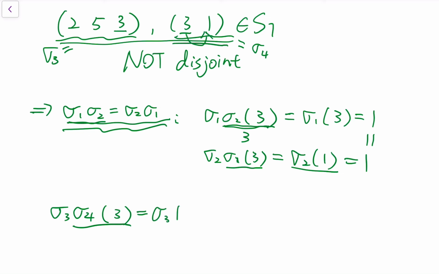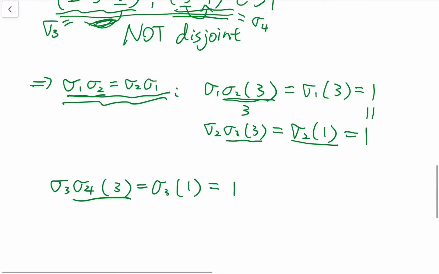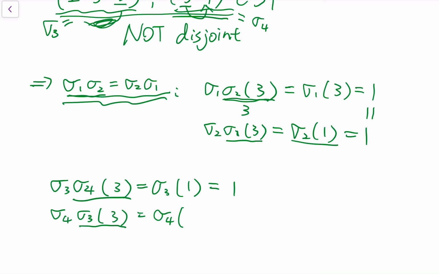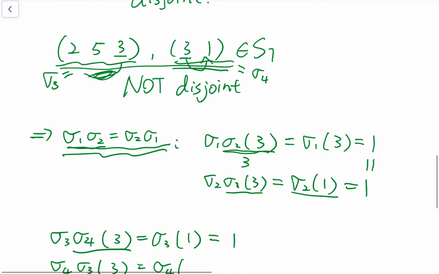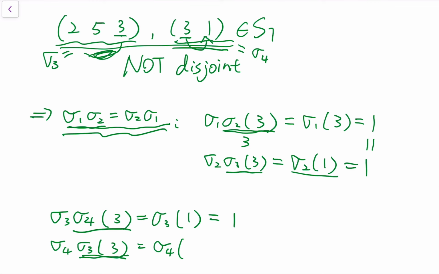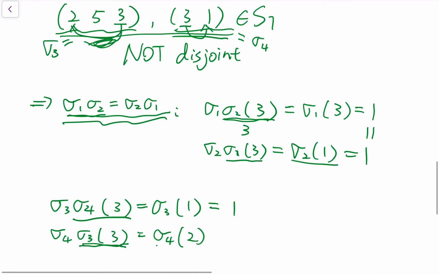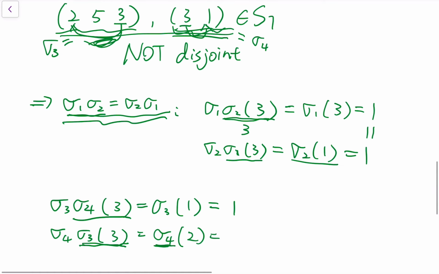And if we consider sigma 4 sigma 3 applied to the same integer 3, sigma 3 sends 3 to 2, so we get 2, and for sigma 4, because 2 is not in this string, we fix 2.